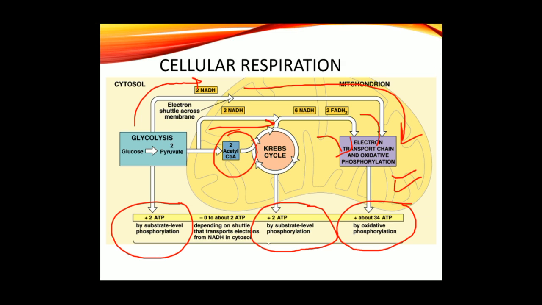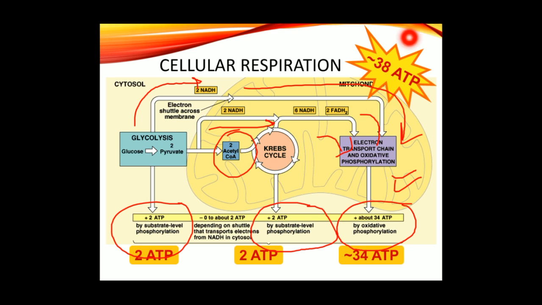So guys, this was the overall concept. I have already mentioned 34 ATP formed in the ETC, 2 ATP from the Krebs cycle, 2 ATP from glycolysis, and overall 38 ATP are generally formed in cellular respiration. This is the basic idea, guys.